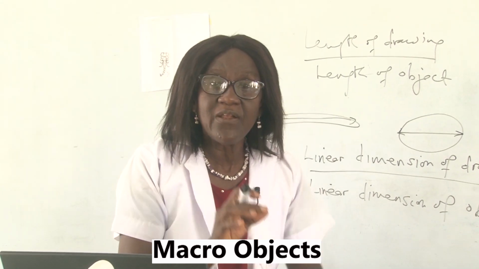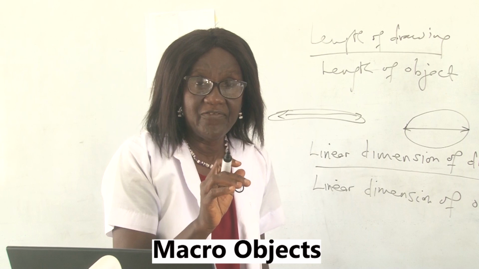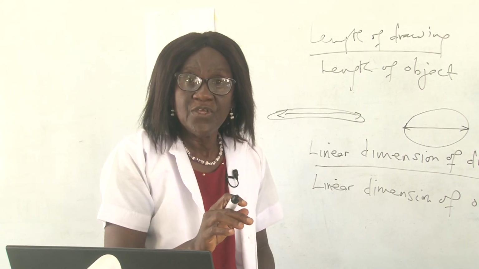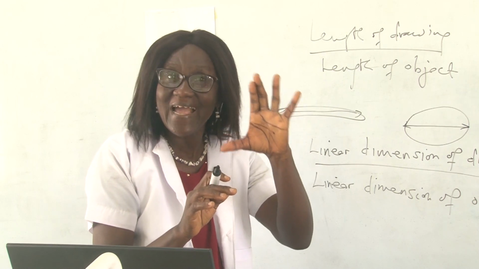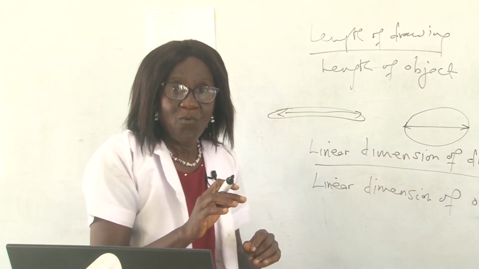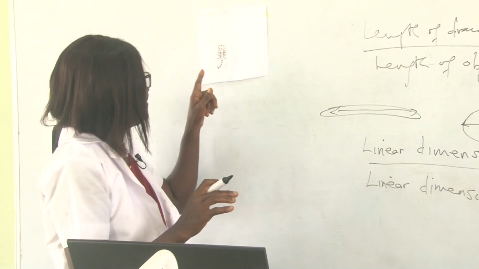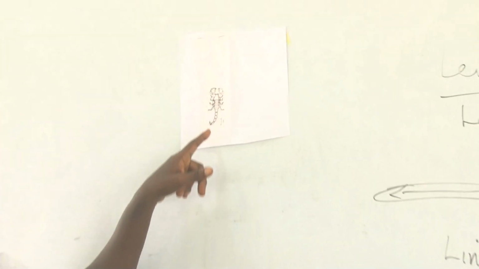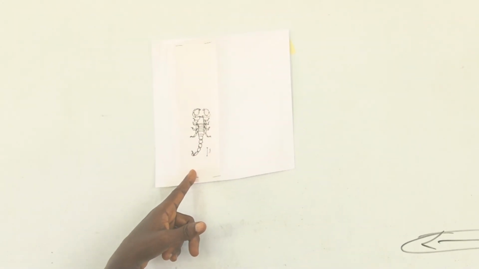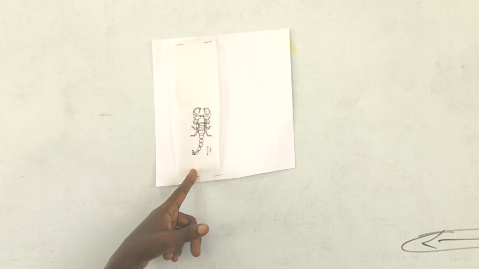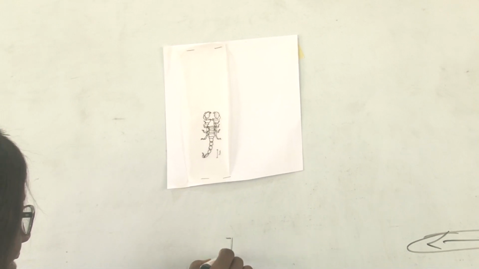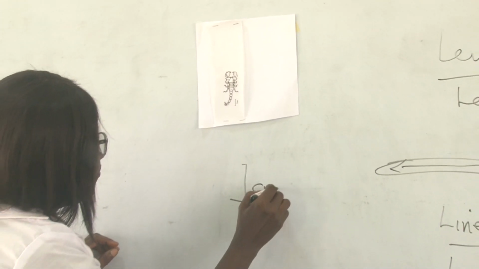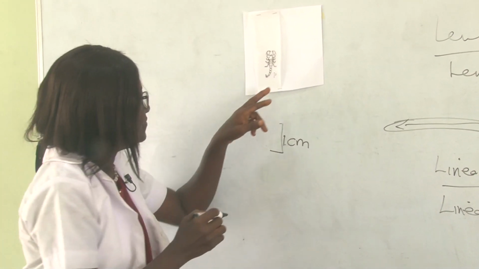Now, you can also observe that in drawing, you can describe the size. You can put on the size of the specimen. Well, let's look at this. This is an organism, a scorpion, drawn, and we have the scale as 1 centimeter.